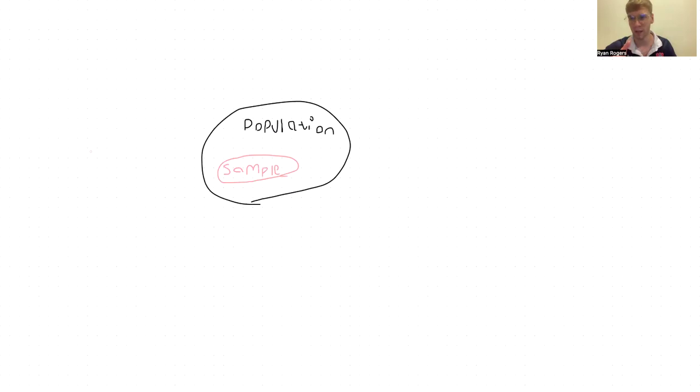So that's what I want you to understand, okay? Think of this illustration. Even if you draw this illustration, I might give you half a point, but I'm looking for you to describe it in words. Population is the whole group that we are studying.